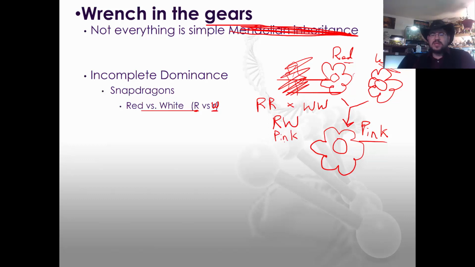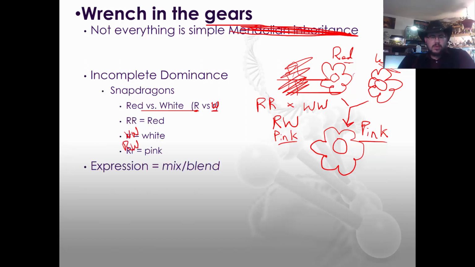This is incomplete dominance. So the expression of the genes is a mix or a blend of the two parental genes. So we don't get one being expressed over the other. We get a blending of expression.